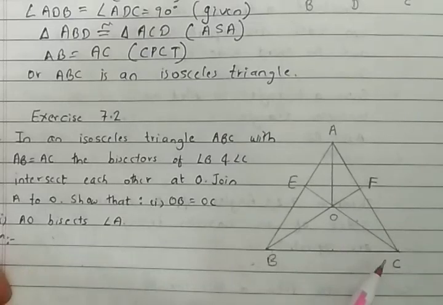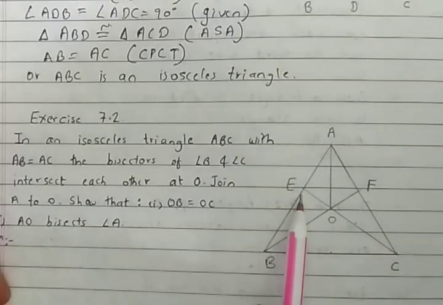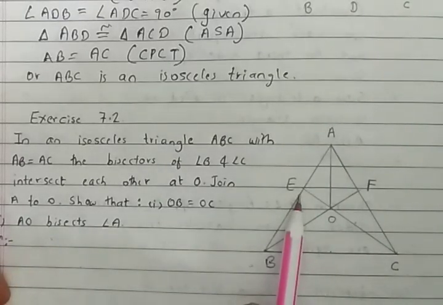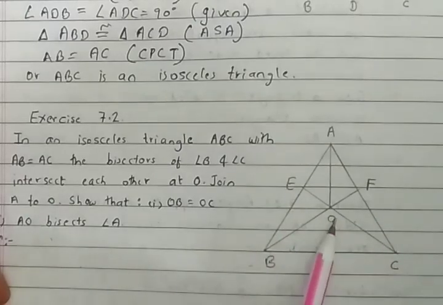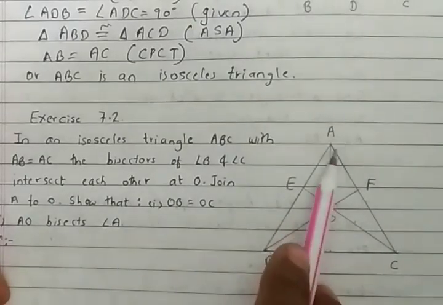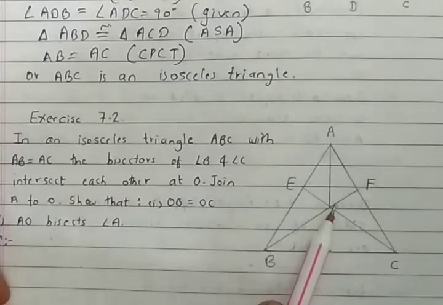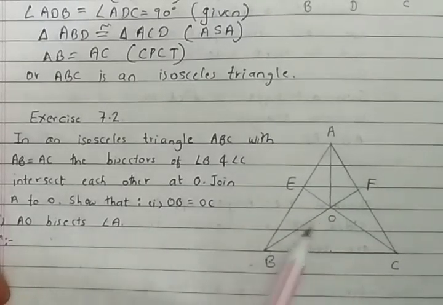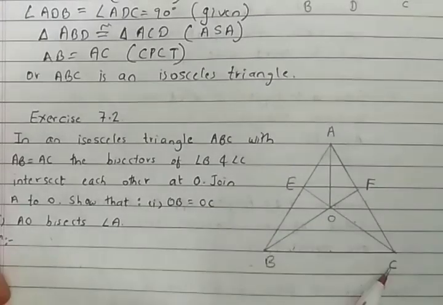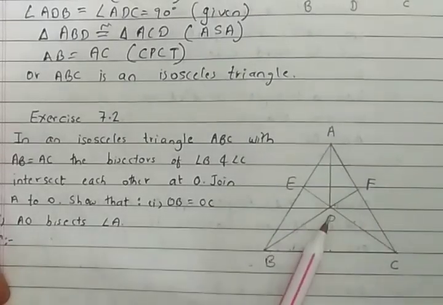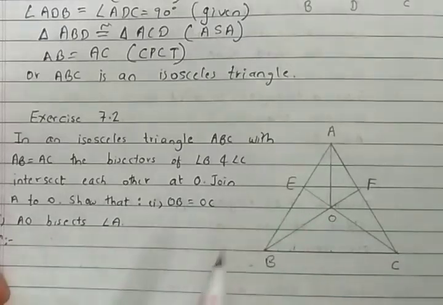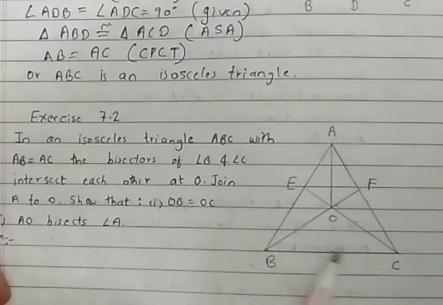And from C also you can draw a bisector which will meet AB at point E. Now where they meet you can call that O, and you can join AO, right? Now we have to prove that OB is equal to OC and AO is bisecting angle A. We have to show these two results.